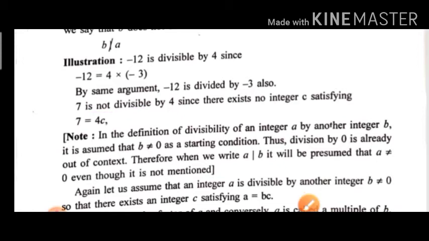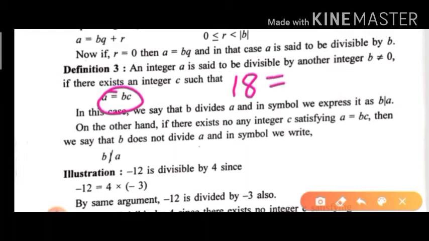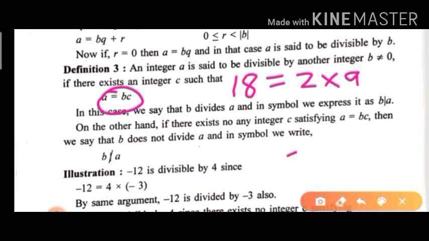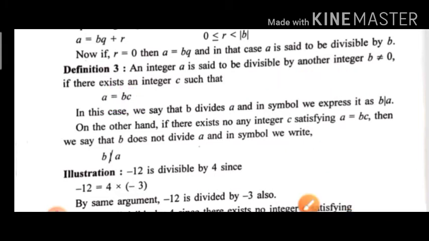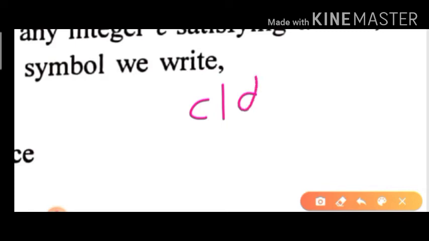So that means there is another integer C. We know that, say, 18: how many times can you divide? 2 into 9. So from here what can we write? 2 divides 18. Or if you are given C divides D, or say X divides D, what can we write?